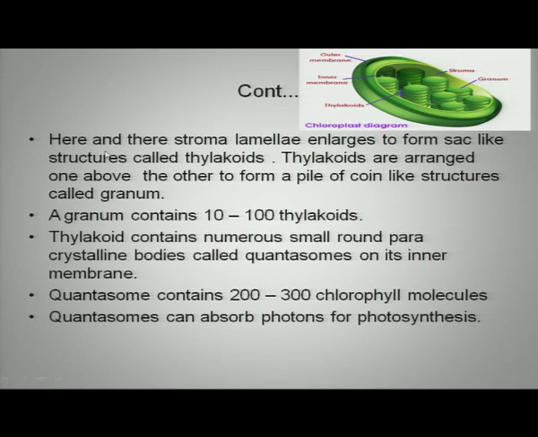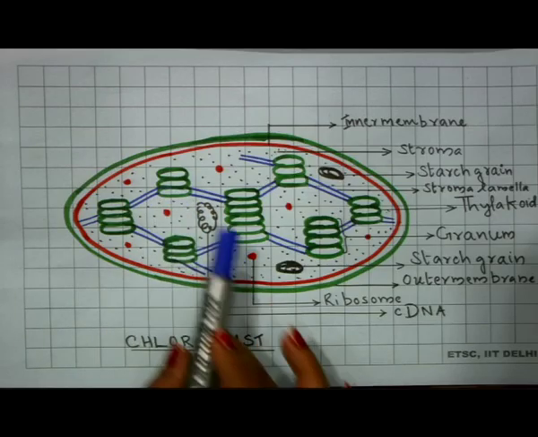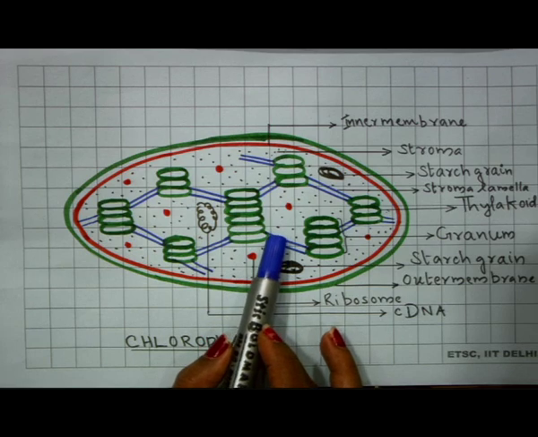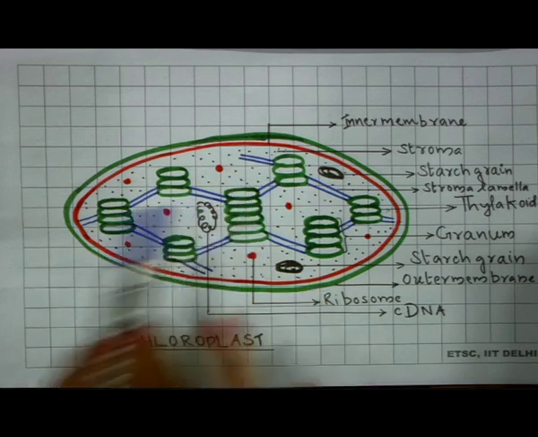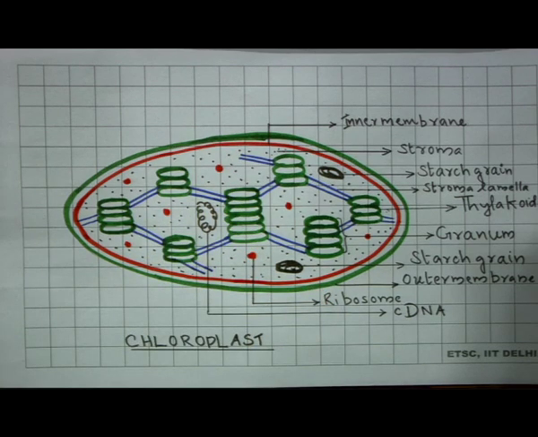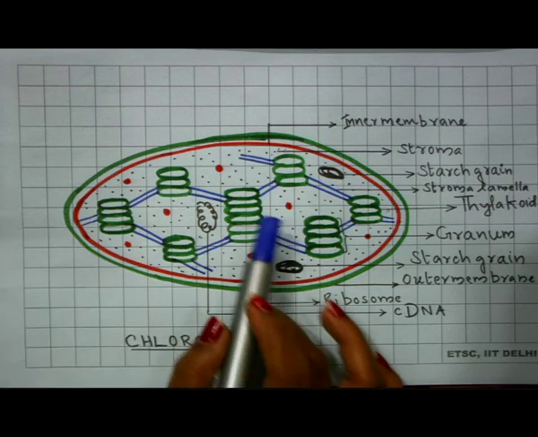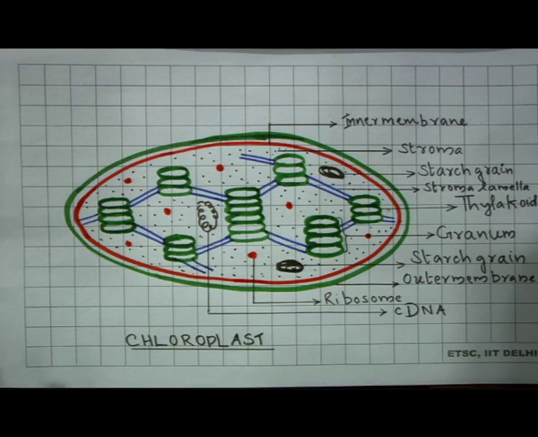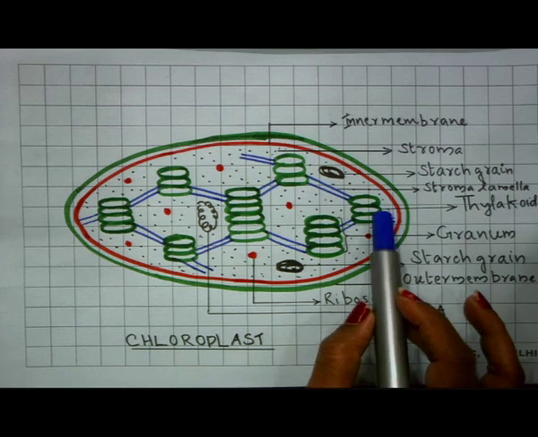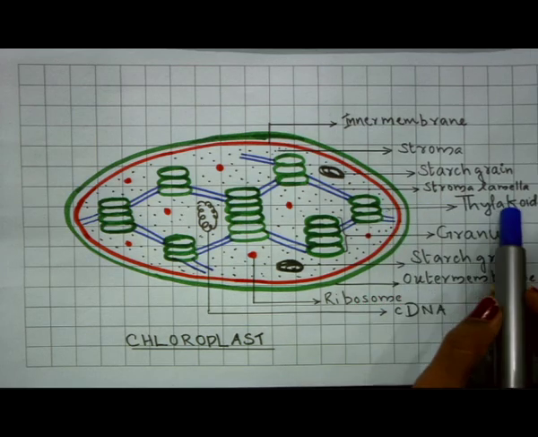Now, the interesting thing here is when you are observing this stroma lamellae, here and there they will enlarge to form a disc like structure. They are enlarging to form a disc like or even a sac like structure which is known as the thylakoid, the individual one that we can say as thylakoid.